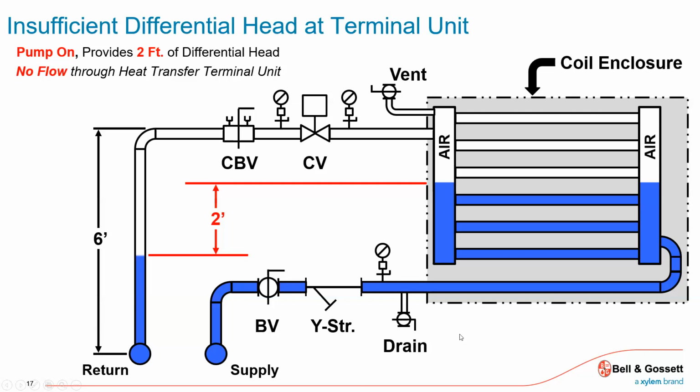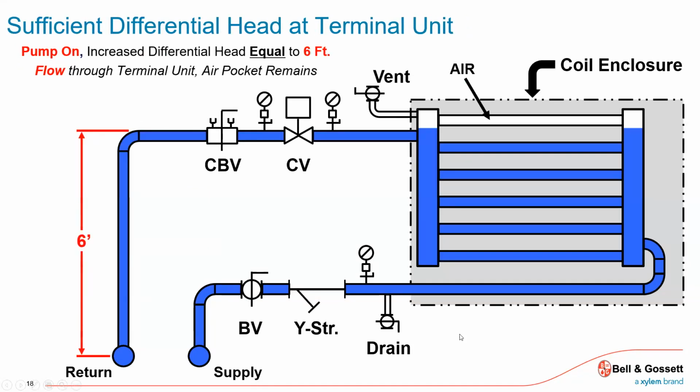But to displace all this air that was mistakenly left behind, I need to overcome 6 feet. So I displace 2 feet. The pump's doing its job. You'll say, hey, I've got circulation. What's going on? And I don't have circulation through this particular unit.